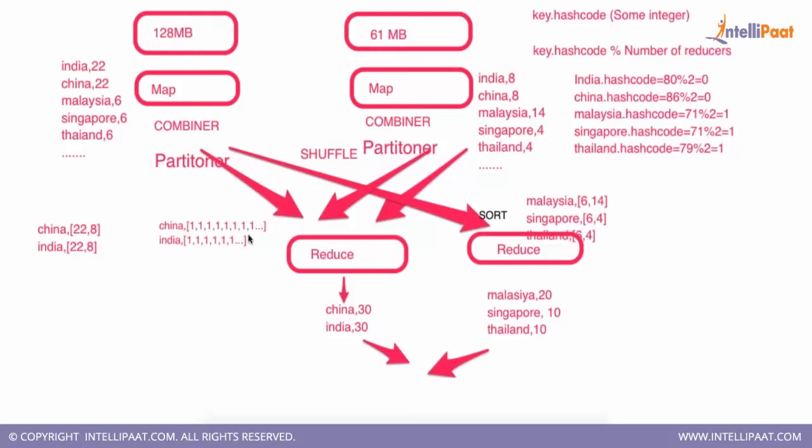But if you carefully look at it, you will say, Ravi, there are 2 mappers. Why can't I consolidate India, China, Malaysia at the mapper level itself? So India 22, China 22, Malaysia 22, Singapore 22, Thailand 22. So combiner will consolidate. Partitioner will define who will go where. Combiner will do local processing. Are you getting it? Yeah, got it. That's the idea.